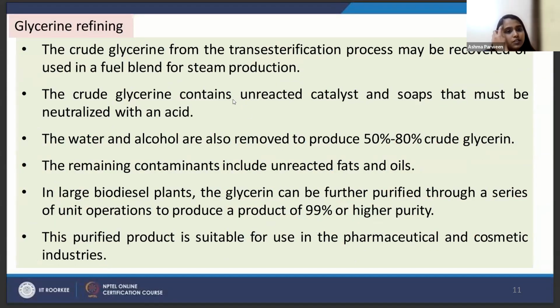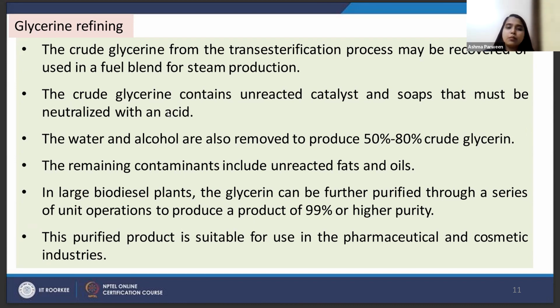Next is glycerin refining. So the crude glycerin which we have obtained from the transesterification process may be recovered or may be used in a fuel blend for steam production. The crude glycerin basically contains unreacted catalyst and soaps that must be neutralized with an acid, and the water and alcohol are also removed from the glycerin to produce 50 to 80% crude glycerin.